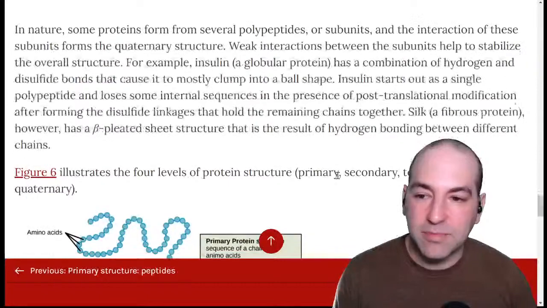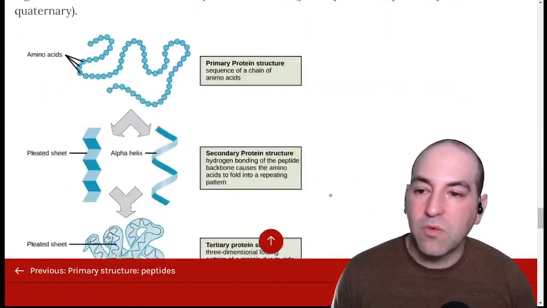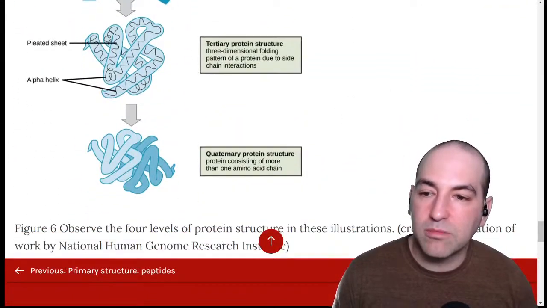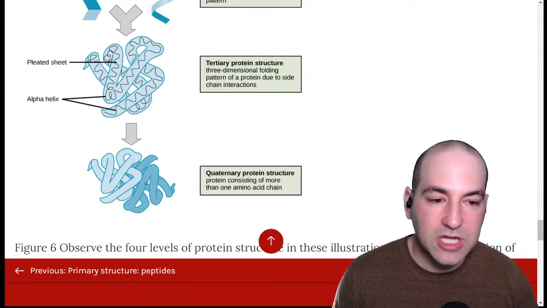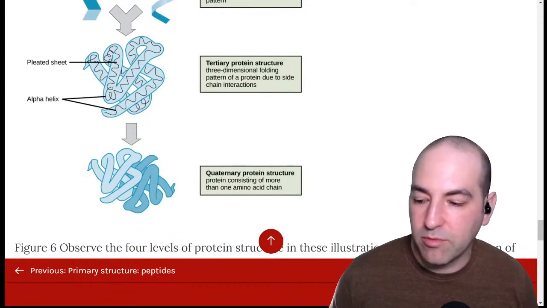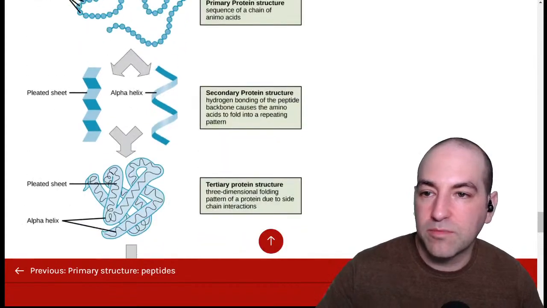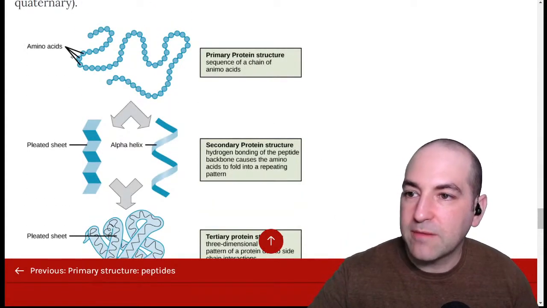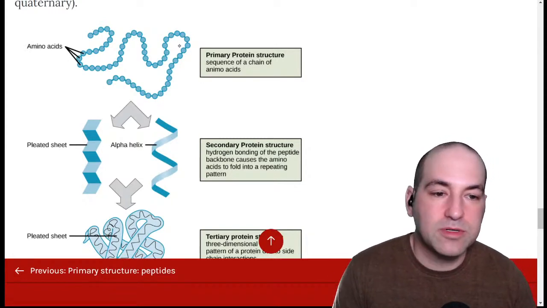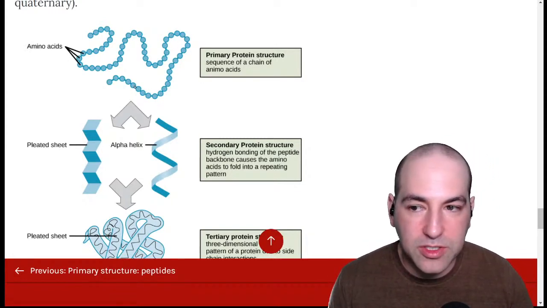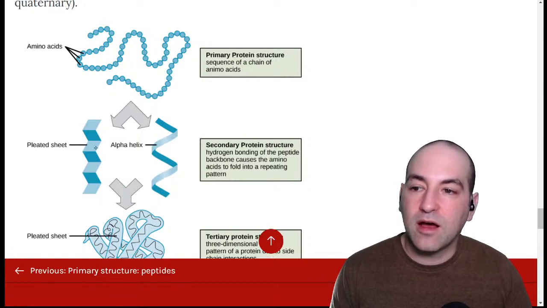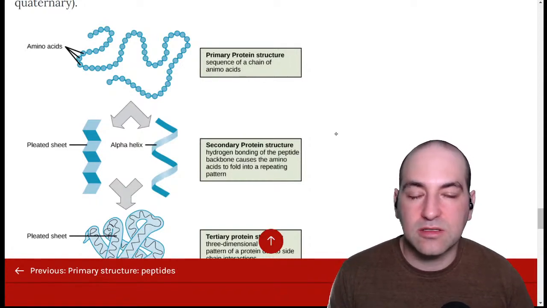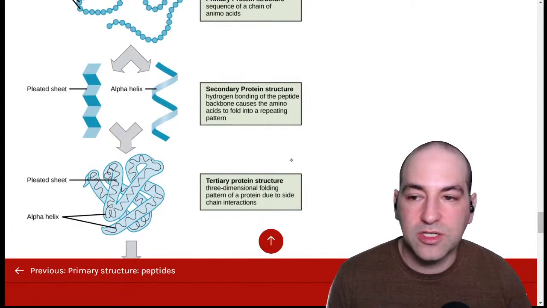Then the final piece is the quaternary structure, where you can have multiple amino acid chains come together to be part of a protein, right? Just to review, we've got amino acids linking up in a particular order to make the primary structure, then forming sheet and helix type structures to make the secondary structure.